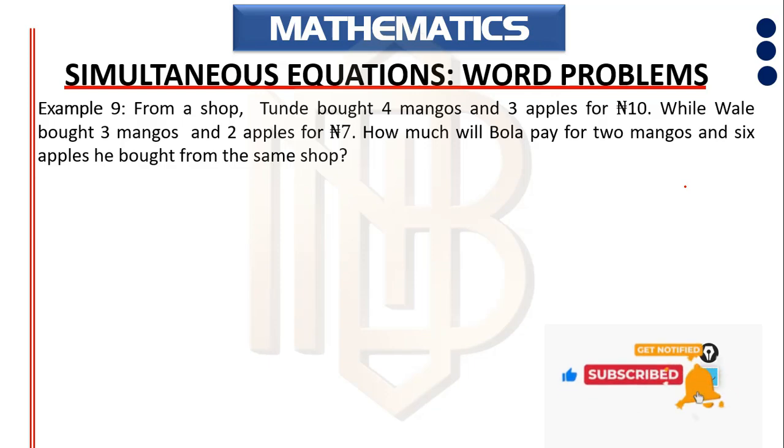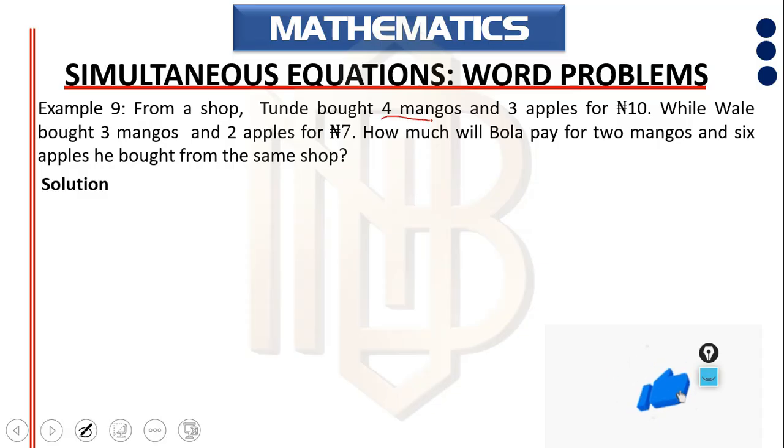So the first thing is to interpret. Tunde bought 4 mangoes. So we will call our mango M, using M to represent mango and A to represent apple, for 10 naira, meaning 4 times the value of 1 mango.